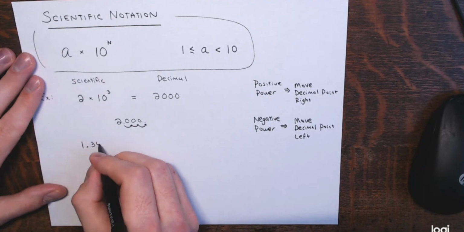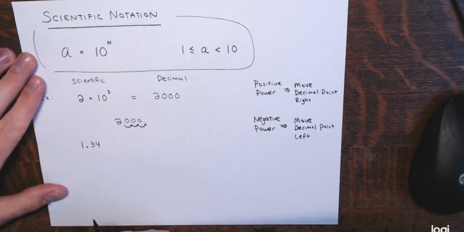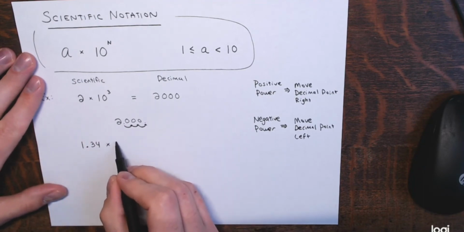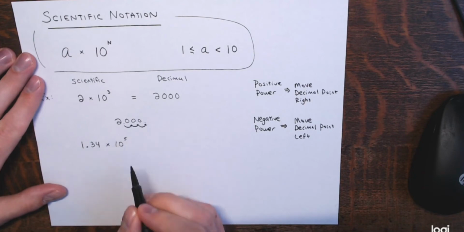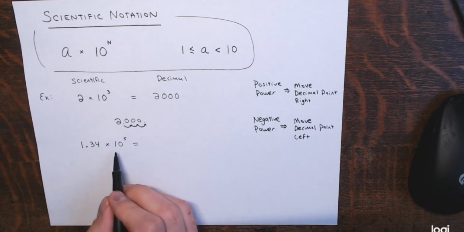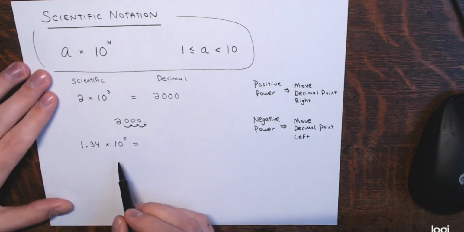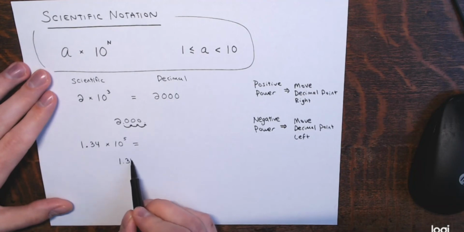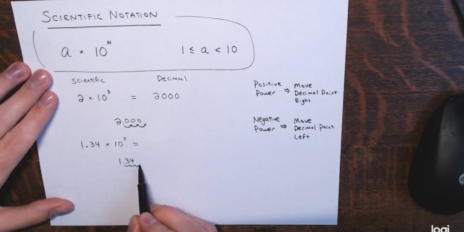Here's another one. 1.34, that's a number from 1 to 10, times, say, 10 to the 5th. So a number from 1 to 10, but not including 10, times a power of 10. Well, this means take the decimal point and move it to the right 5 places. 1, 2, 3, 4, 5, and in every empty space you throw a 0.